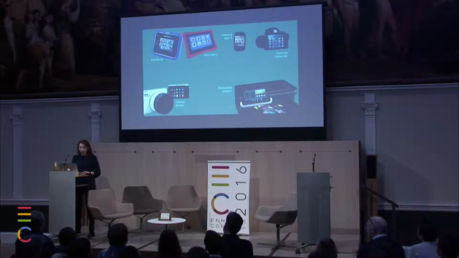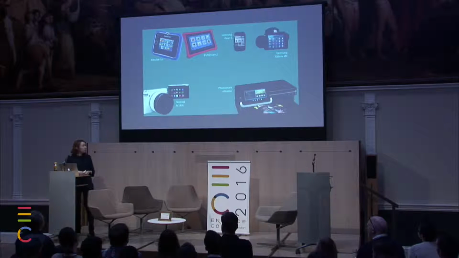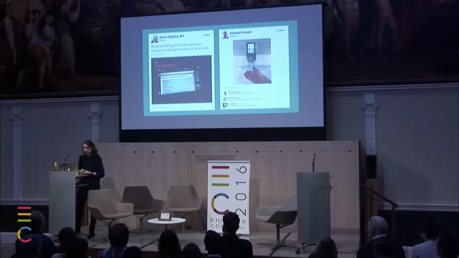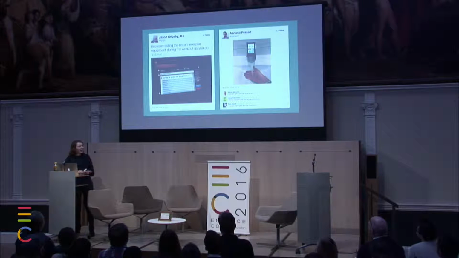There's the Samsung Gear S smartwatch, which runs Opera Mini, and you can even find browsers on printers now. Basically, anywhere that you can stick a screen, eventually, there will be a browser. Literally anywhere. So on the left, Jason is browsing the web on his exercise machine. And on the right, Anand is washing his hands with a web-enabled tap.